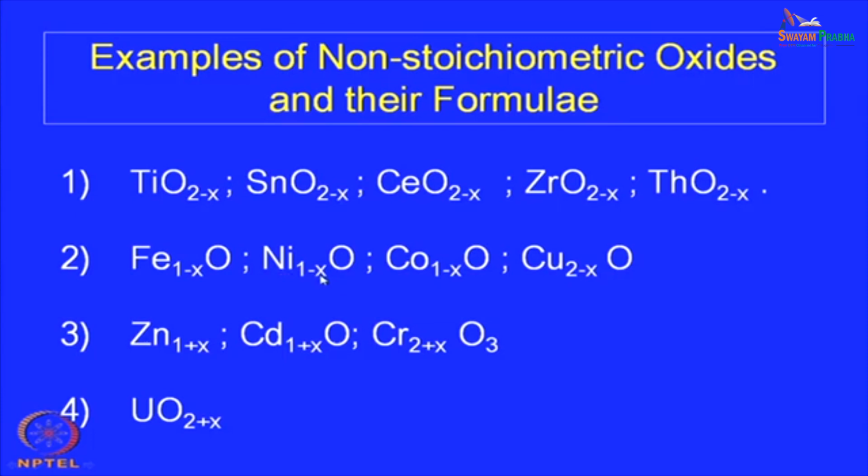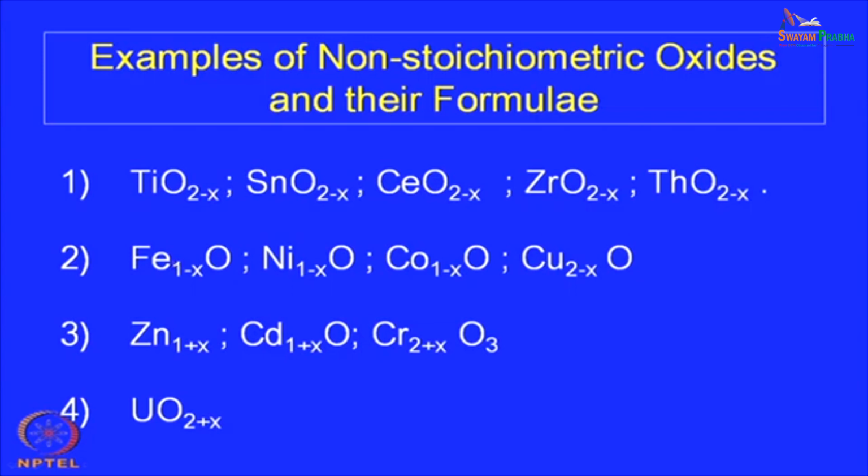So, we have written 1 minus X, not 1 plus X on that side. These are FeO, NiO, CoO, all of that oxide, and 1 minus X denotes that they are metal deficient and metal vacancy is the defect.